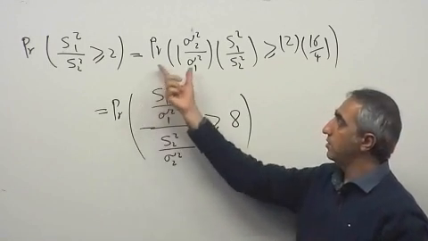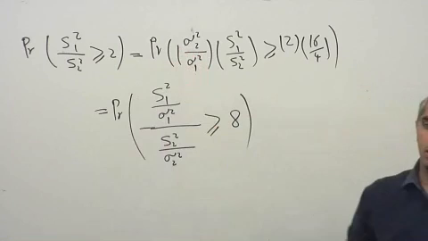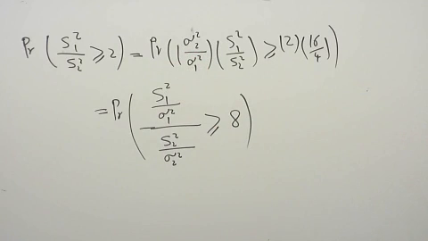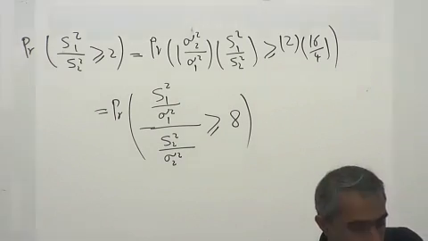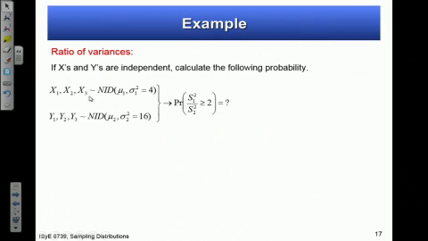How did I do that? By multiplying by the ratio of the population variances. Any questions so far? Do you know the n1 and the n2? We already have it here. That's actually a good point: X1 to X3, so n is 3. That's the tricky part. And Y1 to Y3.